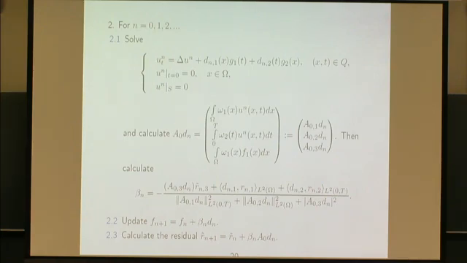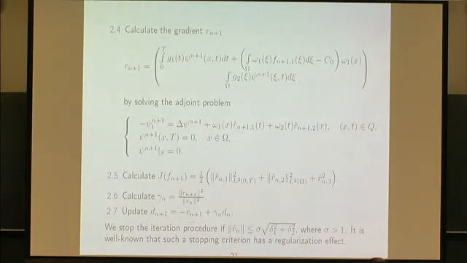Once you have obtained the search direction, you can also determine a parameter beta n, which will enable me to move from one iterate to another. So this is classical: f n plus 1 equals the previous solution plus a search direction in a certain sense. We can also calculate the residual and move forward.